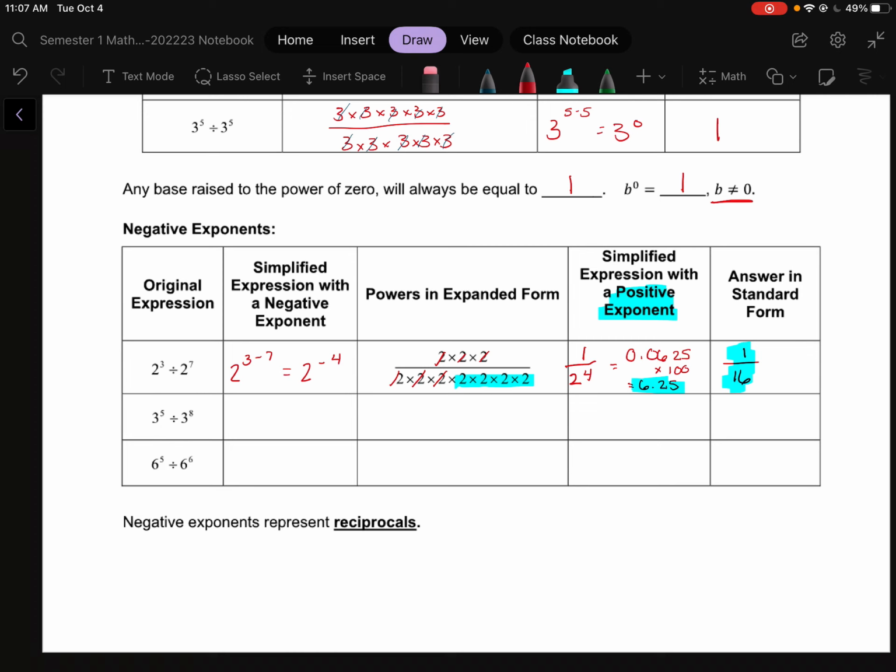We have 3 to the power of 5 divided by 3 to the power of 8. That is subtraction. So our base is the same. We have 5 minus 8, and that will give us -3. So now we would write this in our expanded form. We have 5 threes at the top, and our denominator is 8 threes.